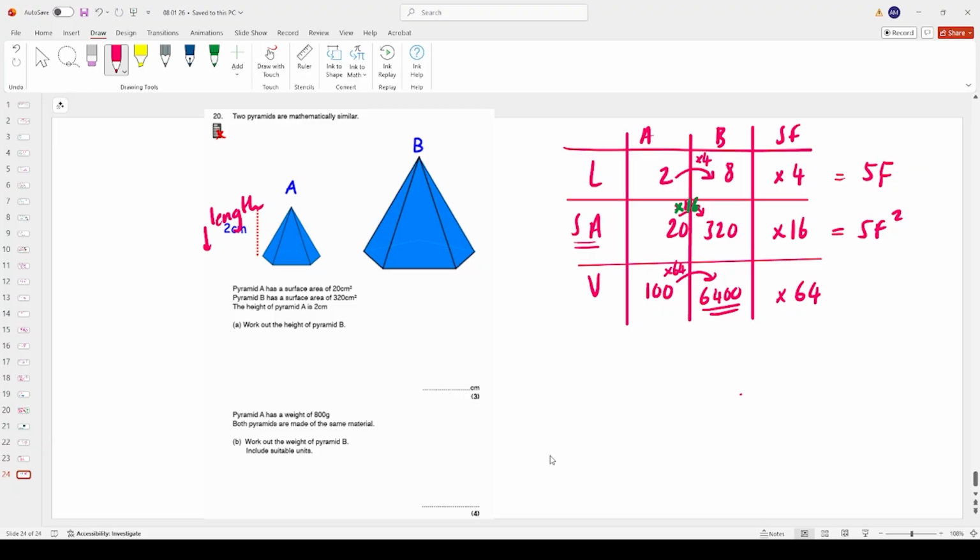Both pyramids are made of the same material. Work out the weight of Pyramid B. That's what I'm thinking, guys. But I'm trying to see if there's a fault in that.